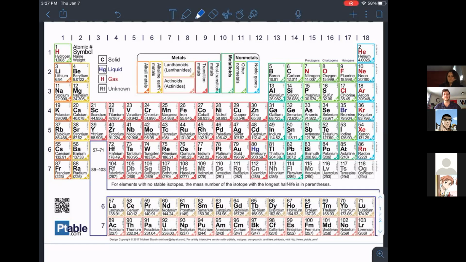All right. What's the last one? Trend. Very useful with ionic bonds. Ionization energy? Exactly, ionization energy. And what do we remember ionization energy as?